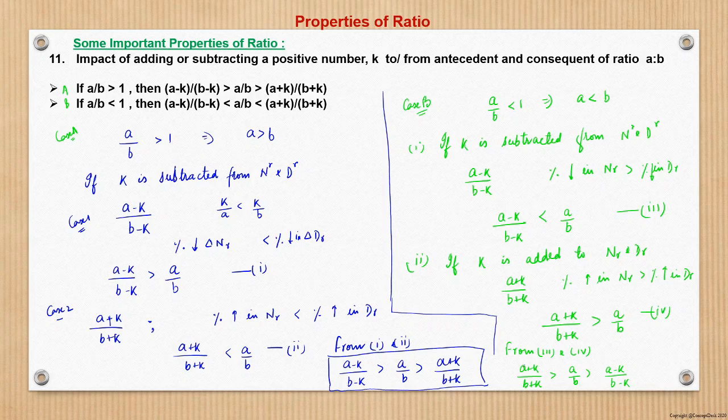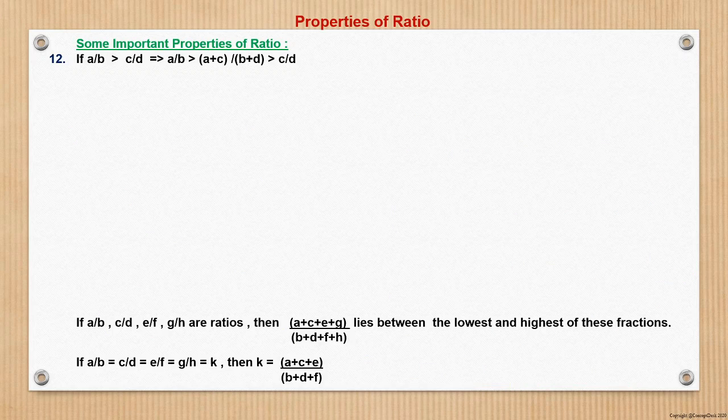So this is again a standard result or property of ratios. This we have proved here. You can remember the property also, or you can keep this in the back of the mind, that is how the relations vary actually. Now we'll see the next property of ratio.